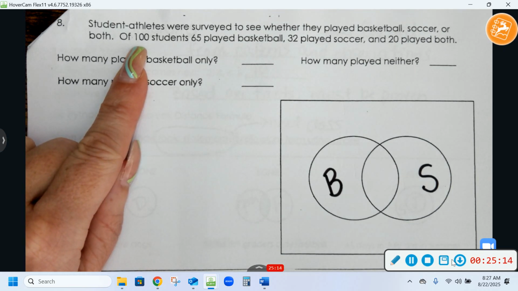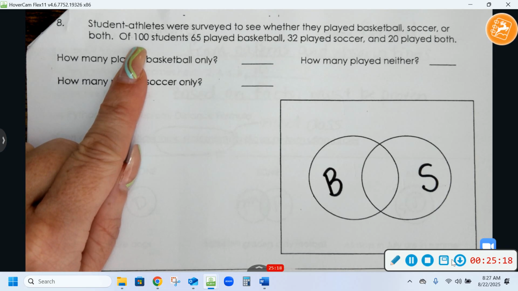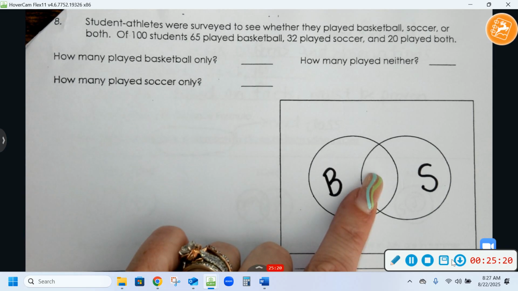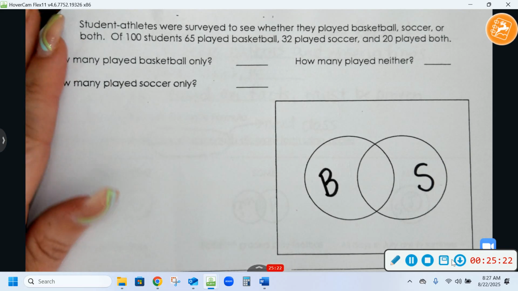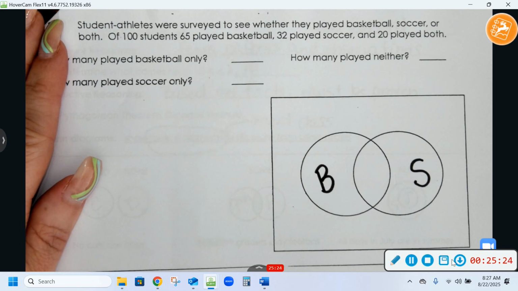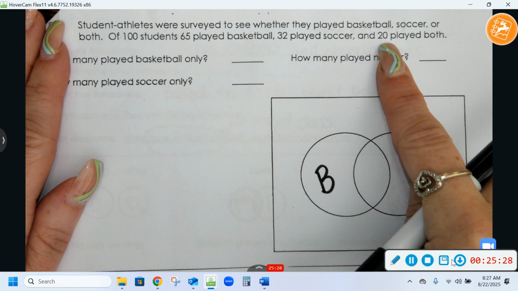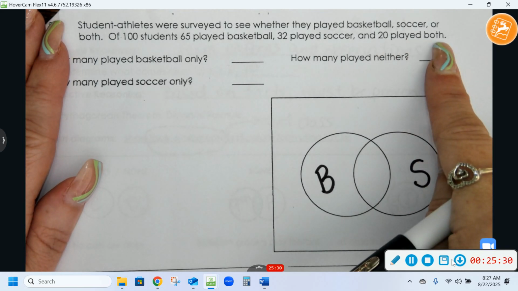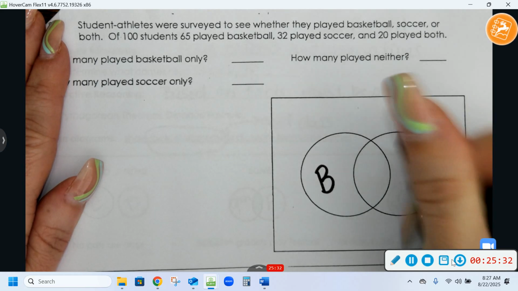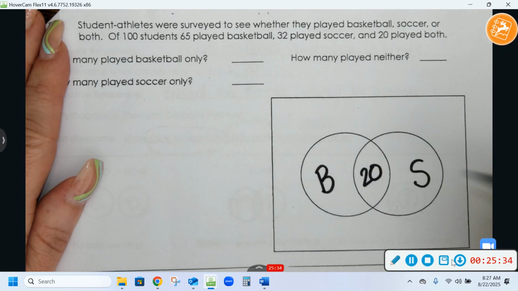No, ignore that. Anytime we're working on a Venn diagram, we need to start from the inside and work our way out, and that'll make sense as we do it. So, I want to look for the middle. 20 played both. That's what's most important to me. 20 played both.